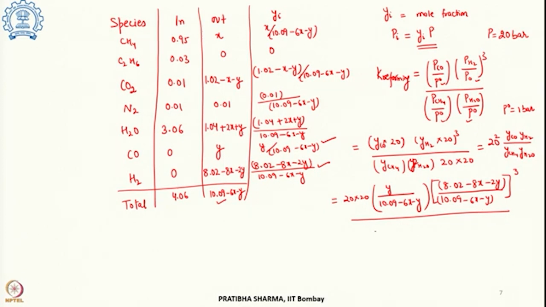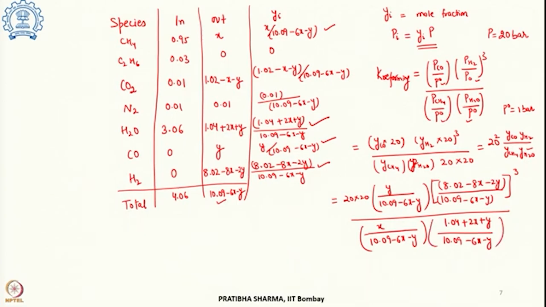Denominator for methane, x divided by 10.09 minus 6x minus y, and the last term for water is given by 1.04 plus 2x plus y divided by 10.09 minus 6x minus y. Now, this we need to solve.